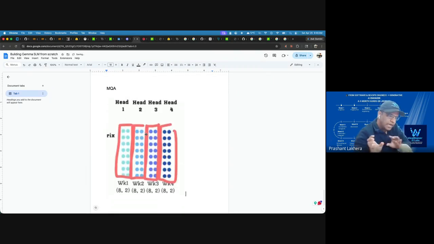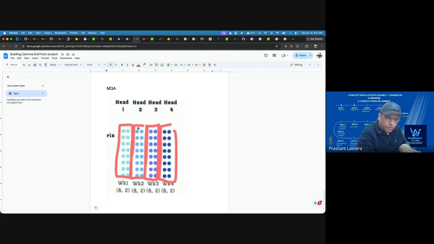The main idea of multi-head attention is that we have different heads, and each of these heads captures a different perspective. But what they have done in multi-query attention is, we have different heads, but let's say this is the first key matrix, this is the second key matrix, this is the third, this is the fourth.